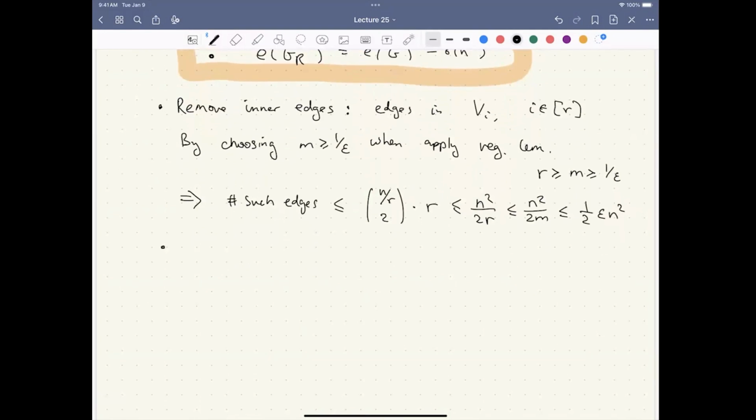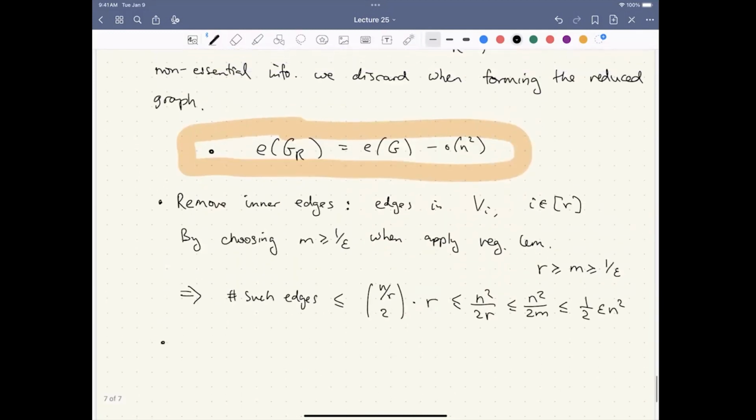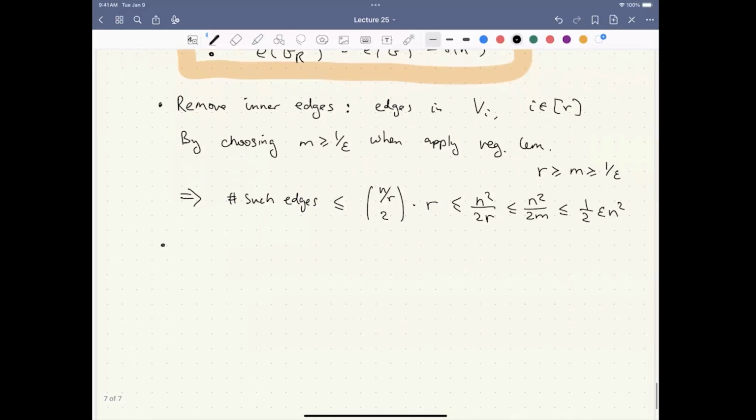Next, we're going to delete. We only keep dense and regular pairs, so now we need to delete all those that are either not dense or not regular. Let's look at those that are not regular. Remove edges between irregular pairs.